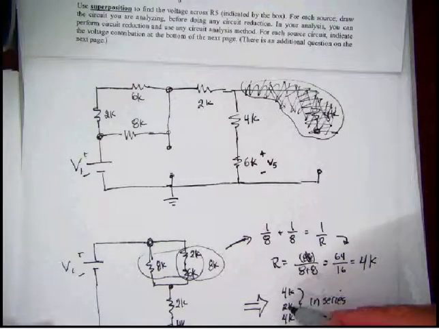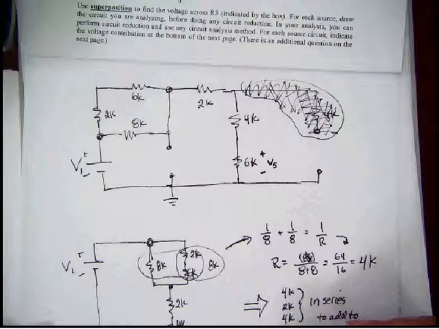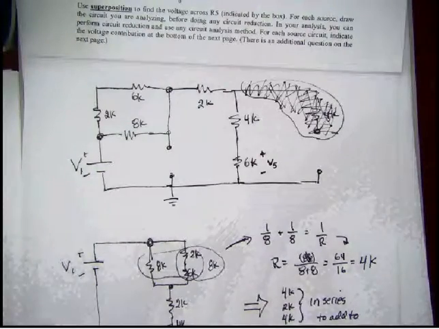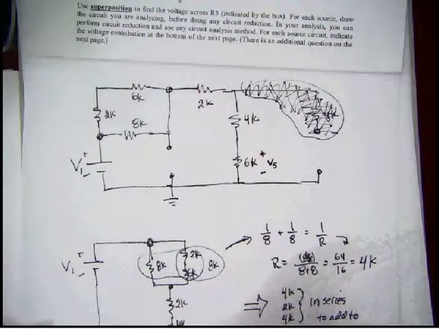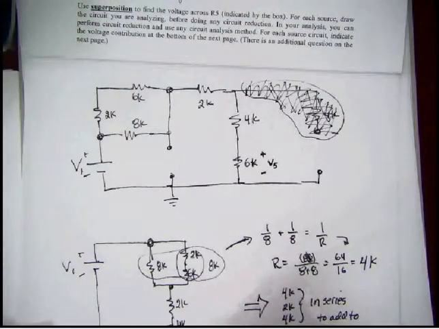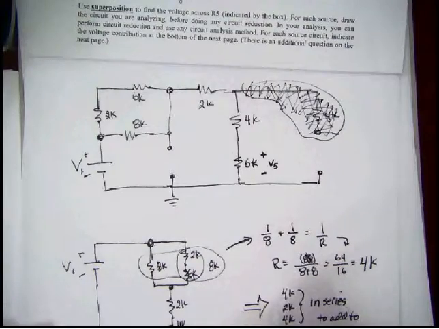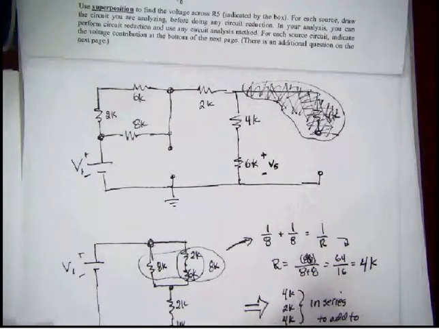And so 4 plus 2 plus 4 is 10K. So a 10K equivalent resistor. And then finally I can redraw the circuit one more time. And I've got a 10K and a 6K.